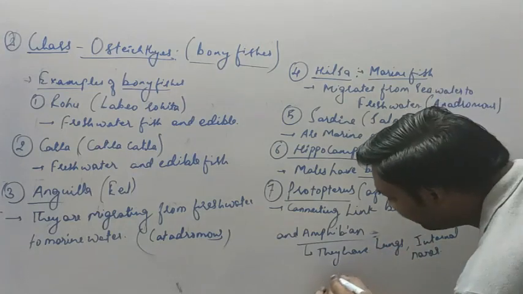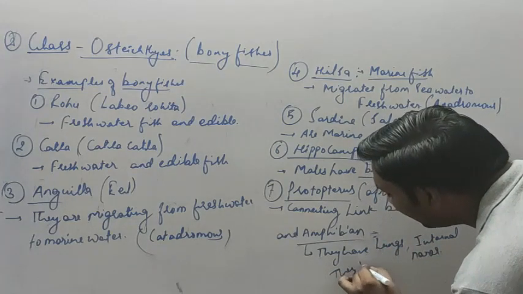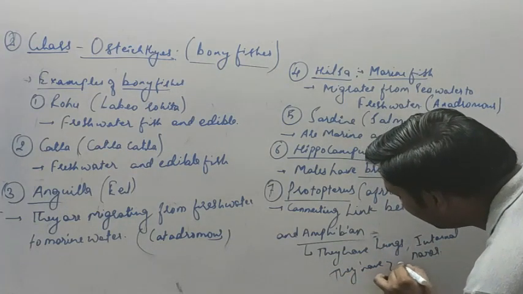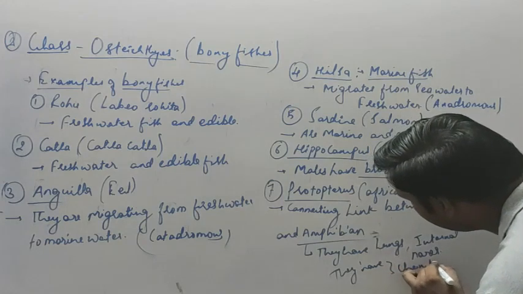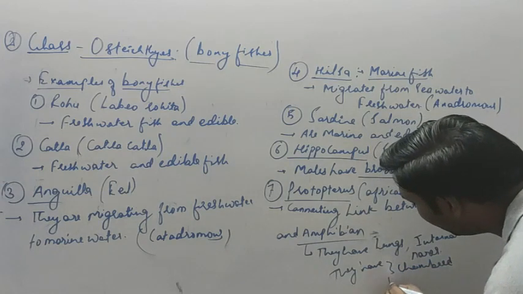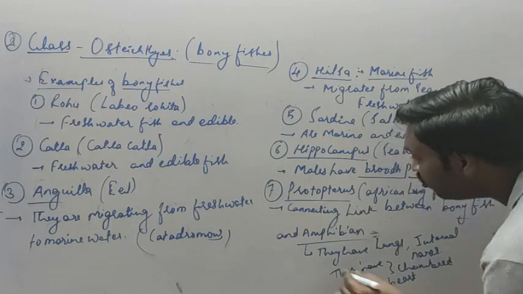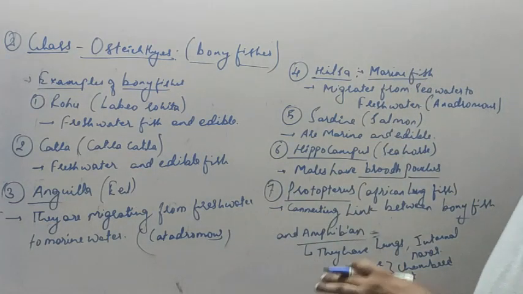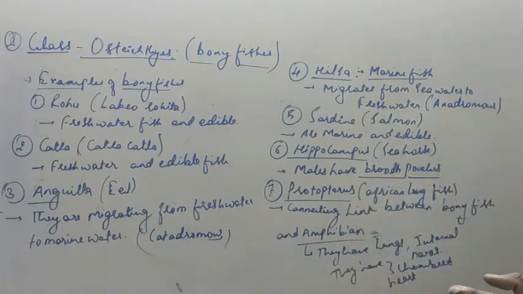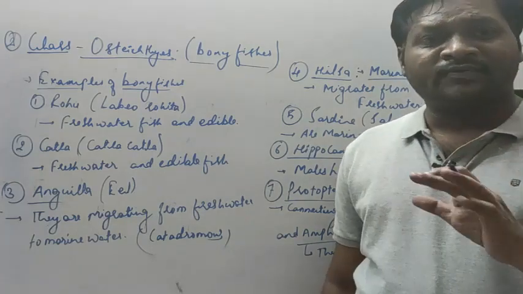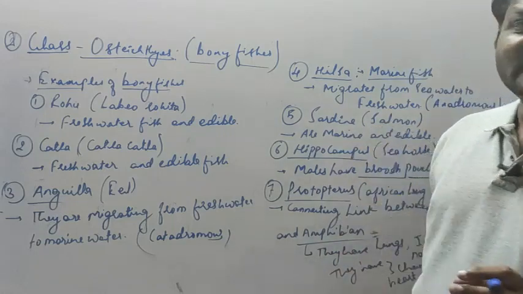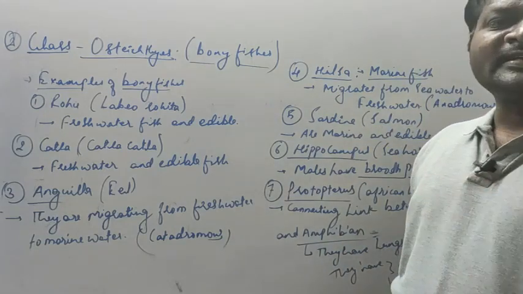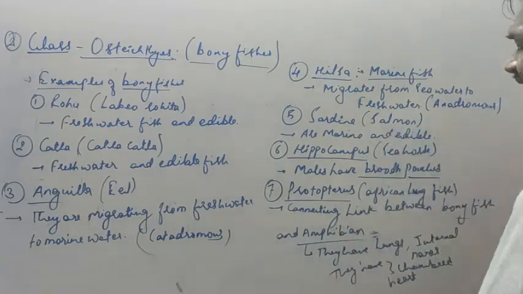And they have a three chambered heart. Who? The Protopterus or the African lungfish. The three chambered heart is not seen in fishes, but this fish is exceptional, as it possesses characters of both bony fish as well as amphibian.